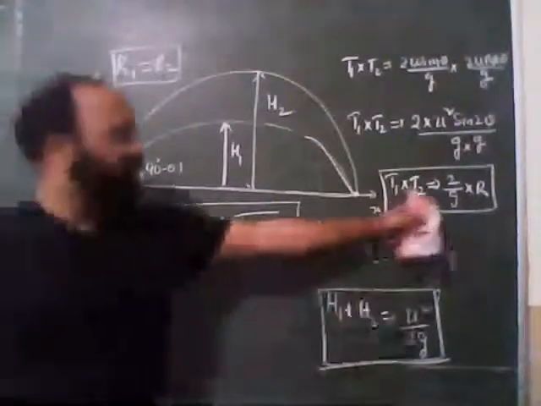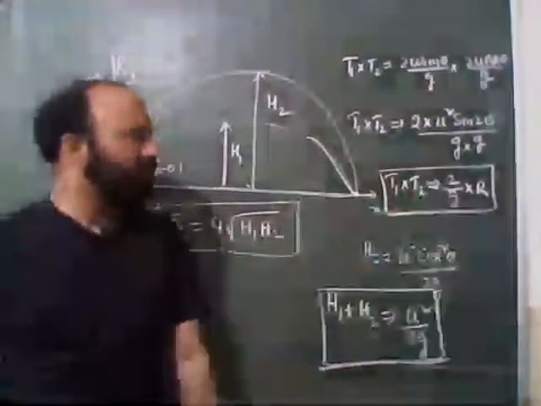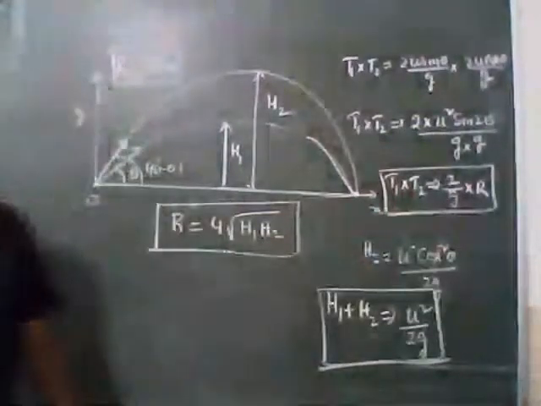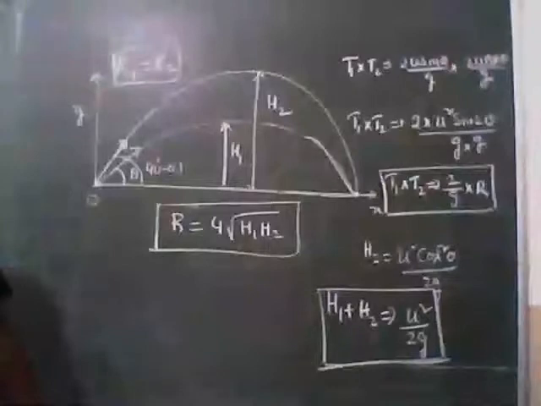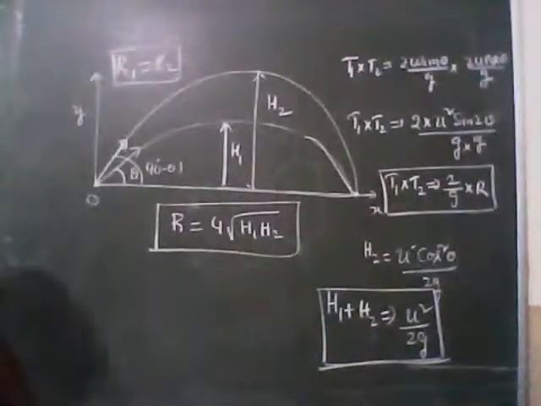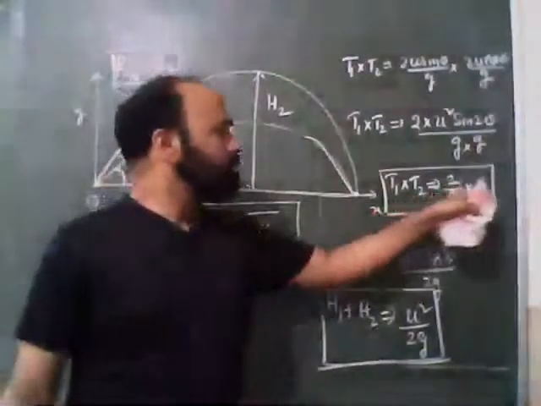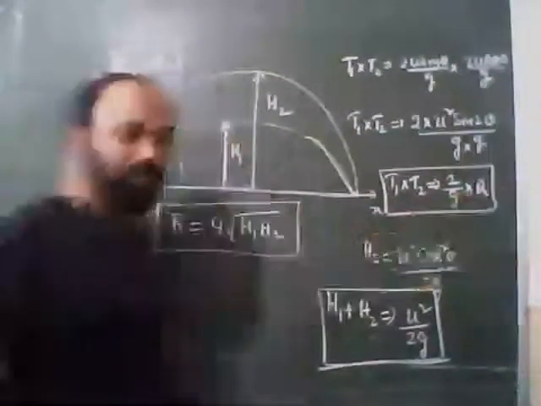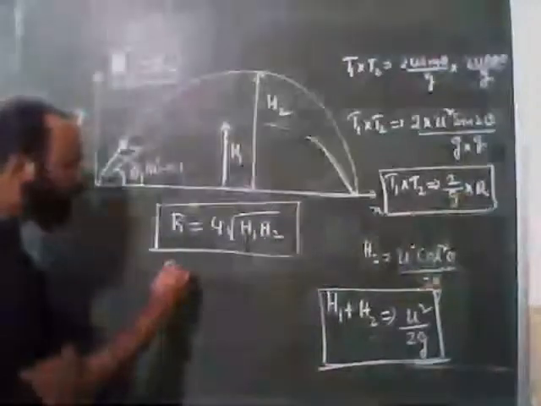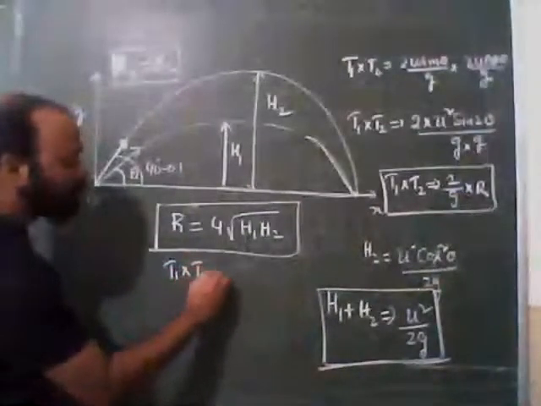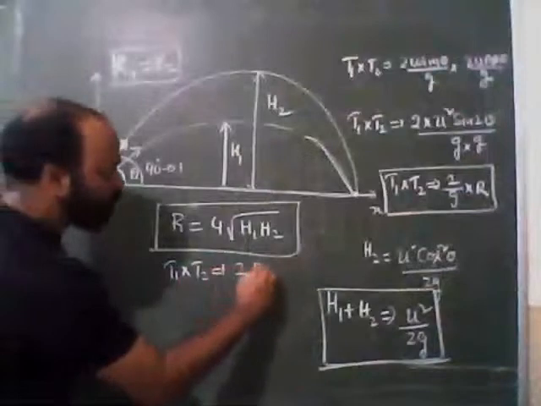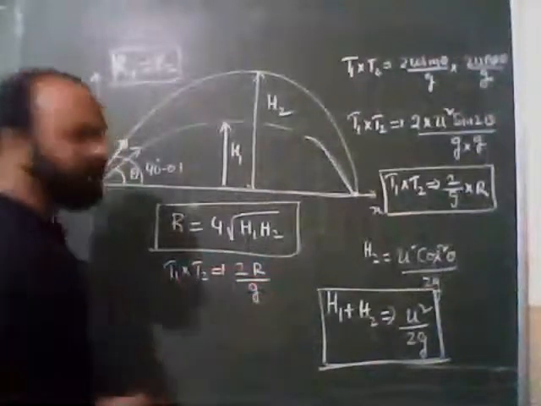And this formula we can write: the product of times T1 into T2 equals 2R by g. T1 into T2 equals 2 by g into R, so we can write it in another formula also. T1 into T2 equals 2R by g.